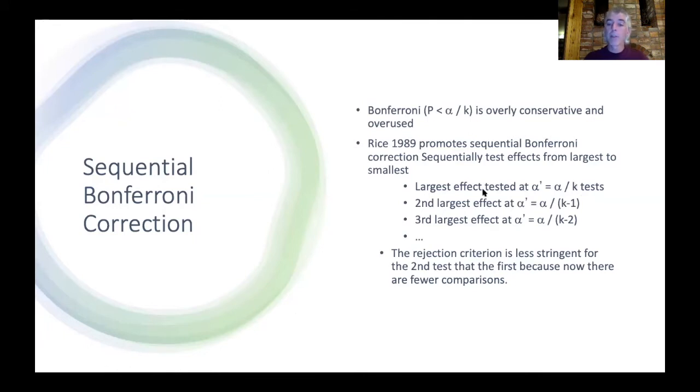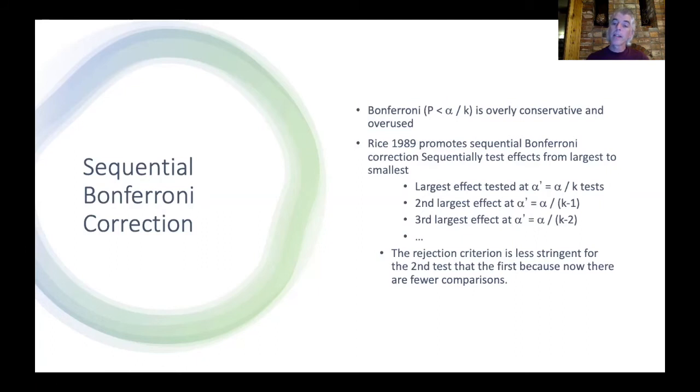But then after we've tested this largest effect and move on to the next largest effect, we test that at a slightly different alpha that's a little bit bigger, because instead of dividing by k, now we're dividing by k minus 1. When we go to the third largest effect, then we divide alpha by k minus 2, and so on.